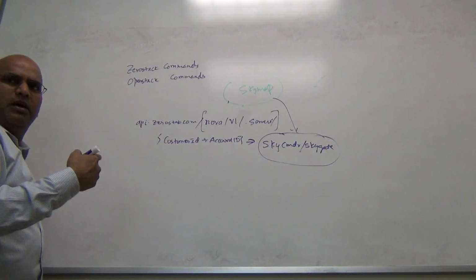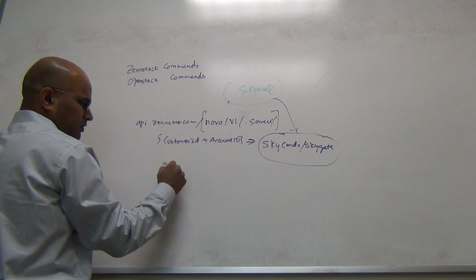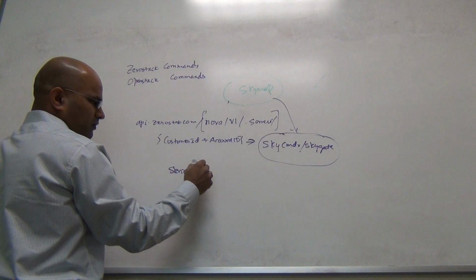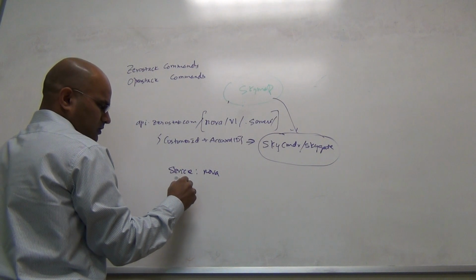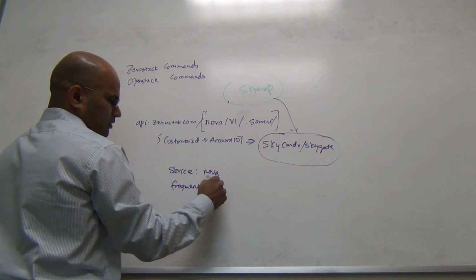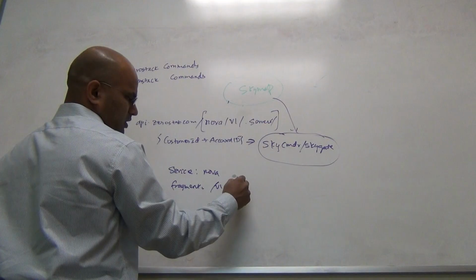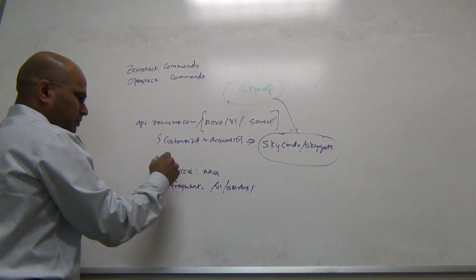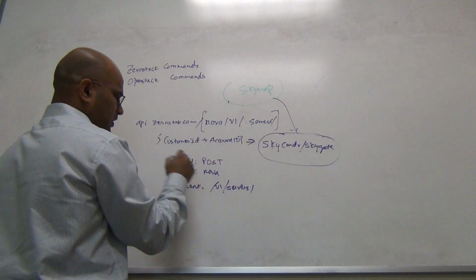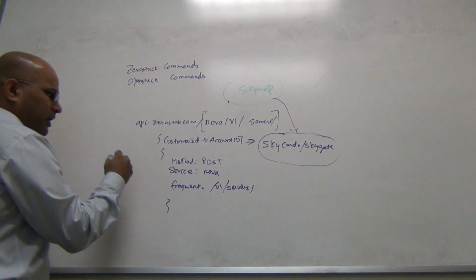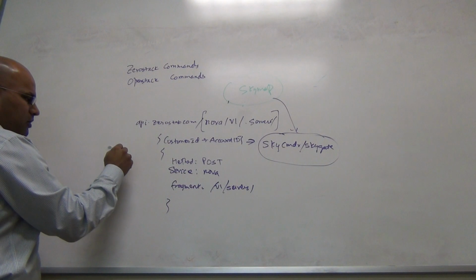In that command we put which service we are looking for: Nova. What is the fragment? /v1/servers. And the method, obviously, is post or whatever, right? So this is what we construct. This is what an OpenStack command looks like.